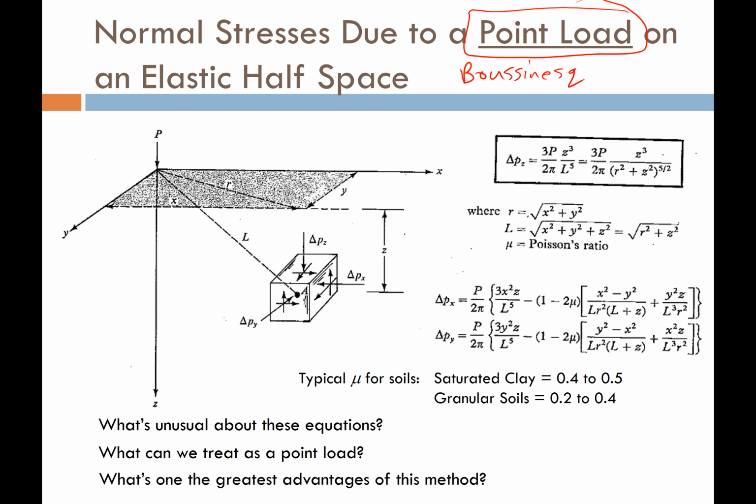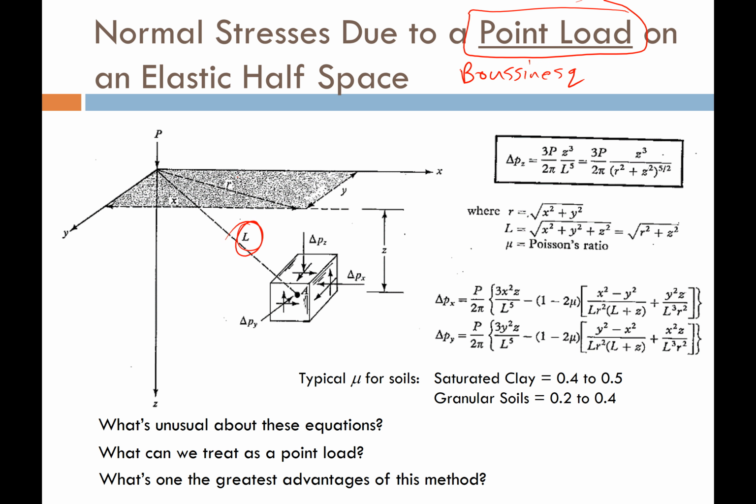I want you to take some time, maybe pause the presentation, and look at the format of these equations. You'll see that there's a term r for the radius from the point out to directly over where your point of interest is. So remember, radius is the radius along the ground surface.